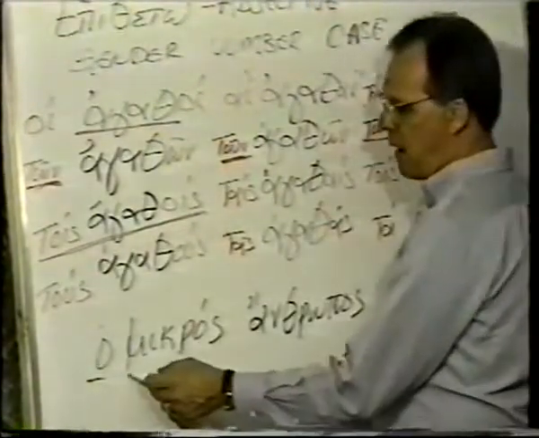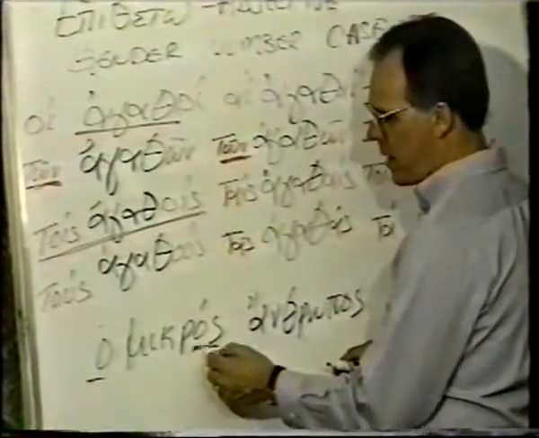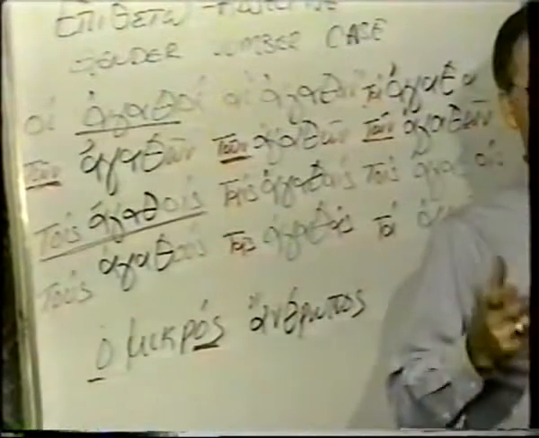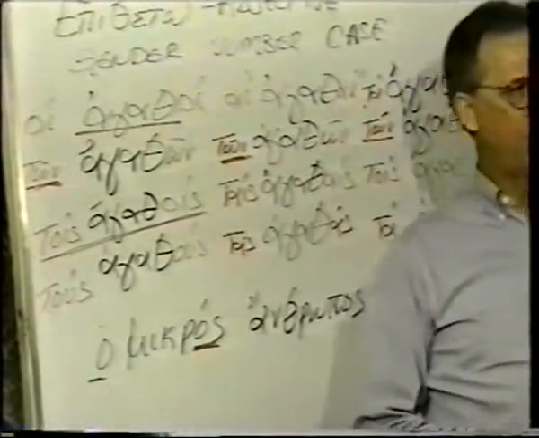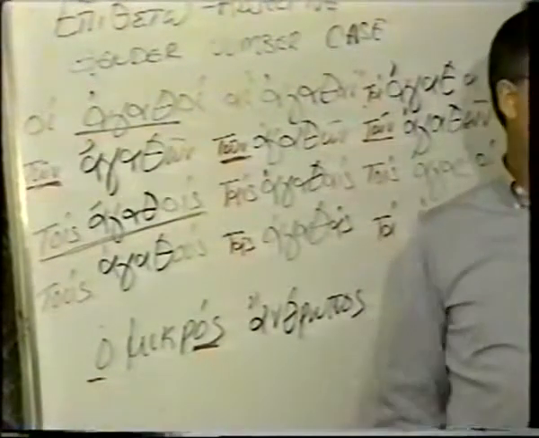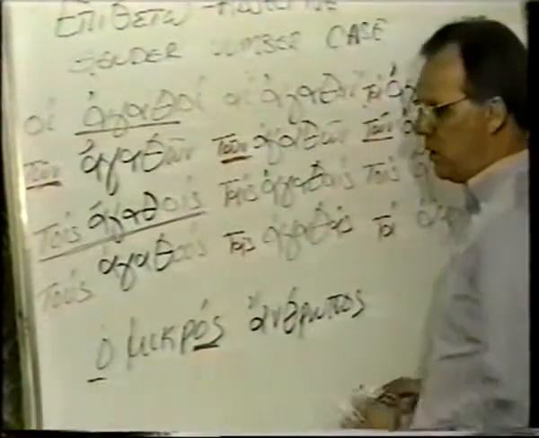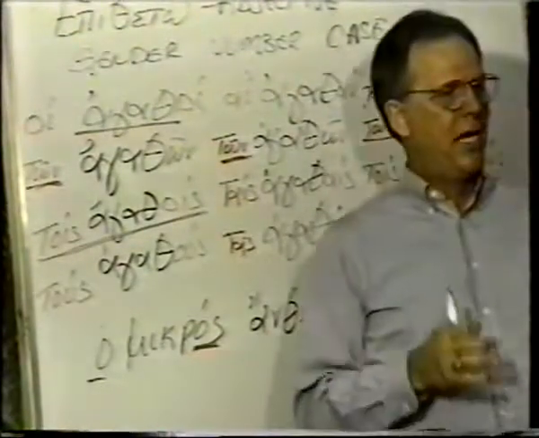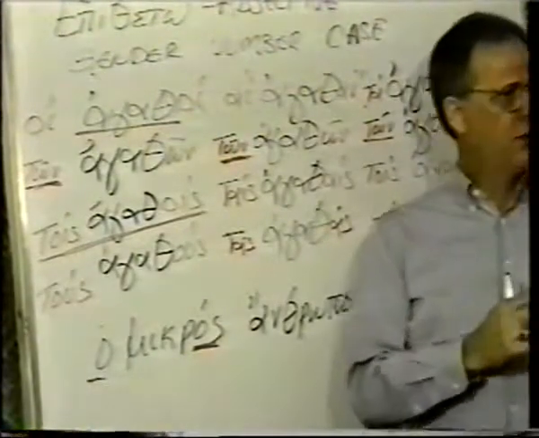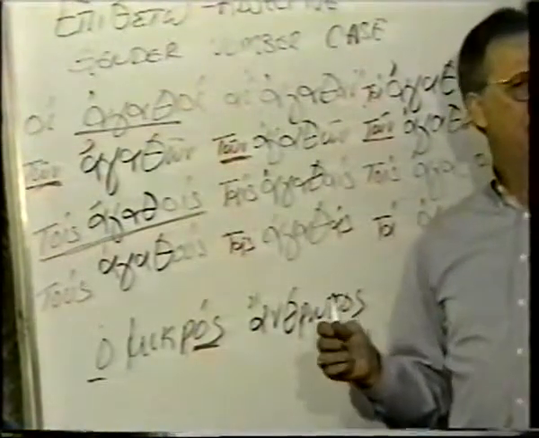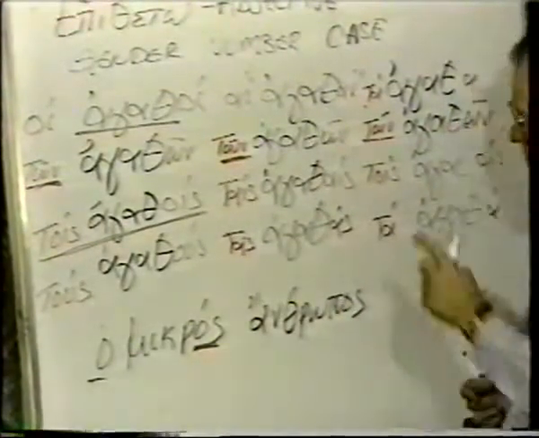We come next to our adjective. What do we understand about this adjective? In English, small is small, whether it is connected with a small man, a small woman, or a small tree. It's still small. But in Greek, it isn't that way. What do we understand about this word mikros? Is it masculine, feminine, or neuter? In this case, there is no misunderstanding of what this mikros, or small, is pertaining to.